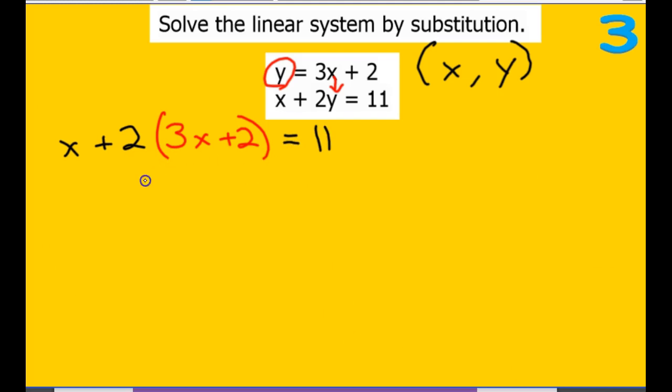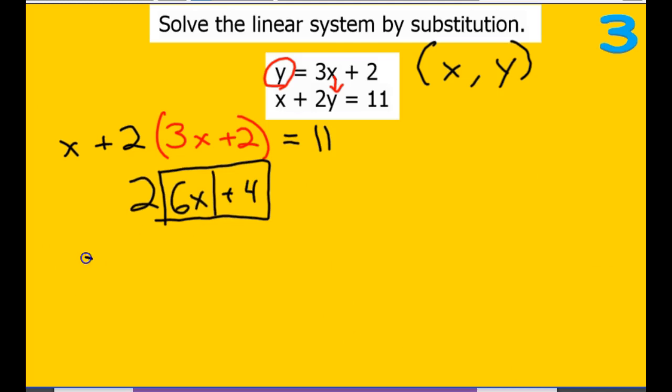So we have to get rid of these parentheses, so we're going to draw a box. We get 2 times 3x, that's 6x. 2 times 2, that's 4. So we have x plus 6x plus 4 equals 11.